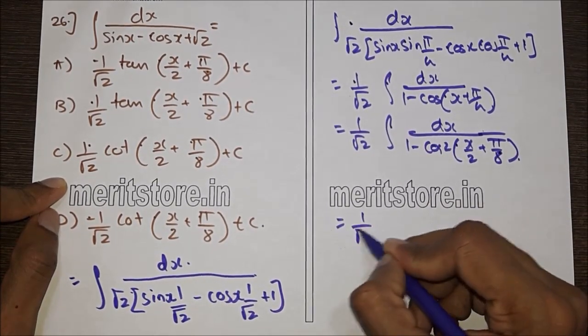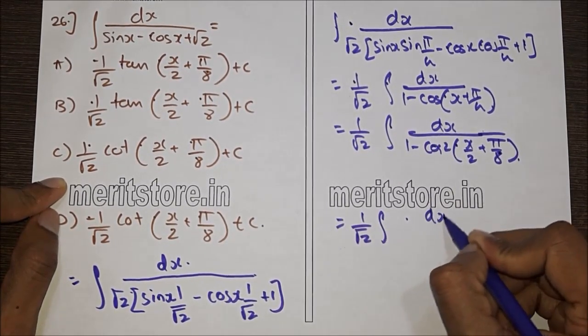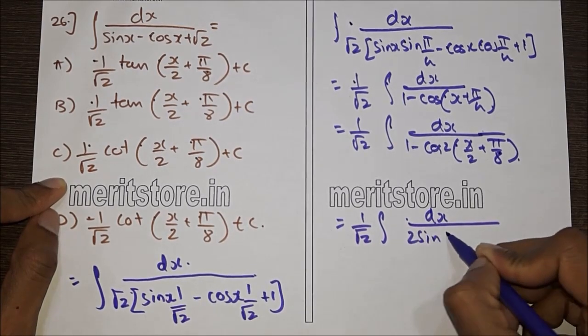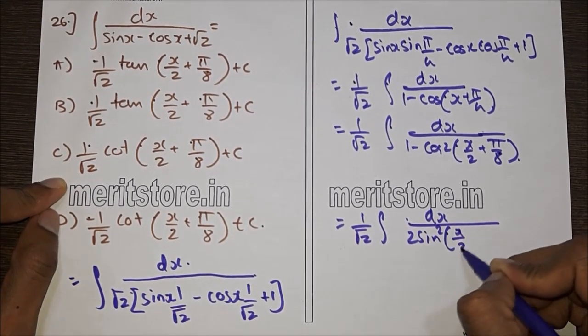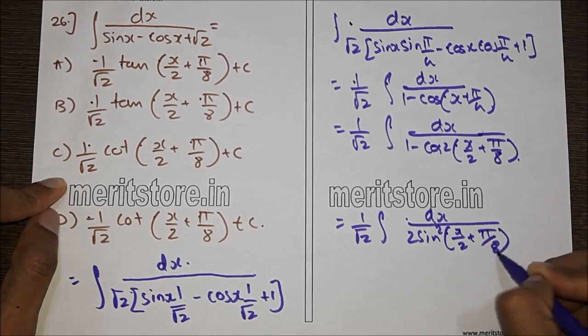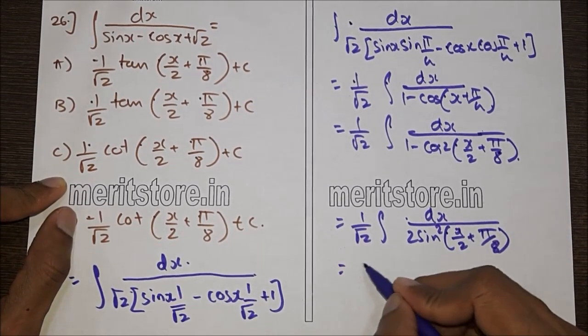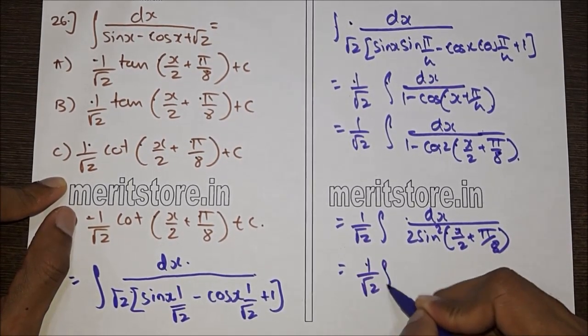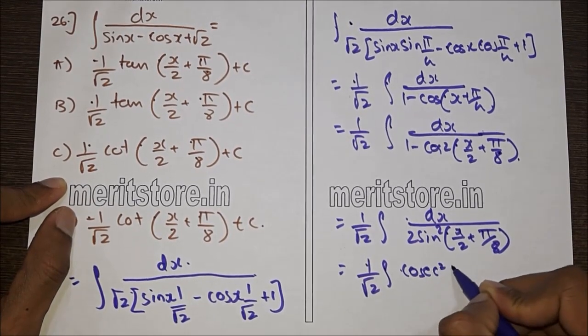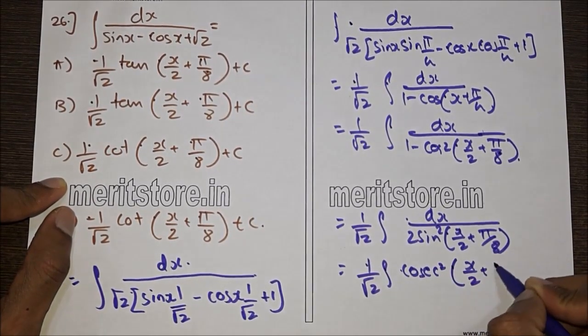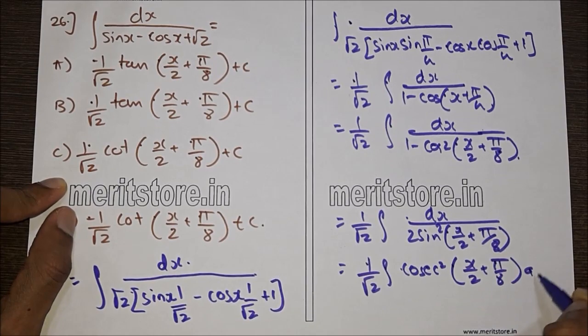This can be written 1 by root 2 integral dx 2 sin square x by 2 plus pi by 8. Further, we can write this as 1 by root 2 integral cosec square x by 2 plus pi by 8 dx.